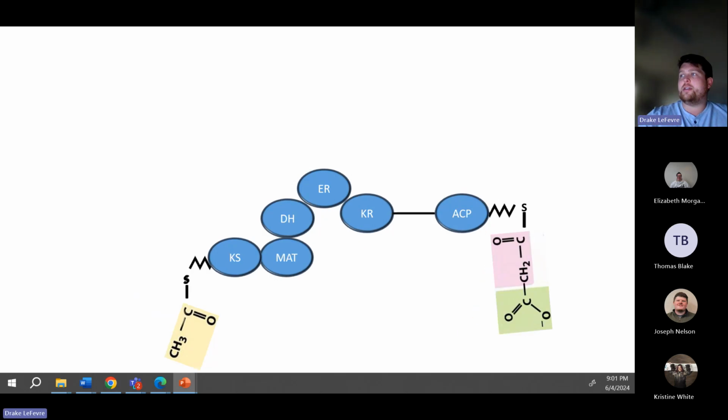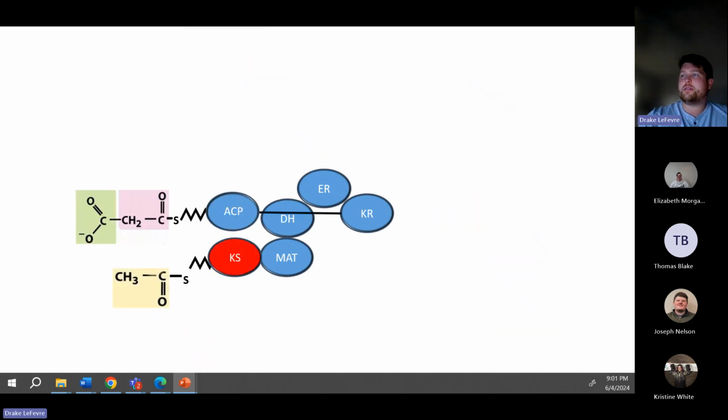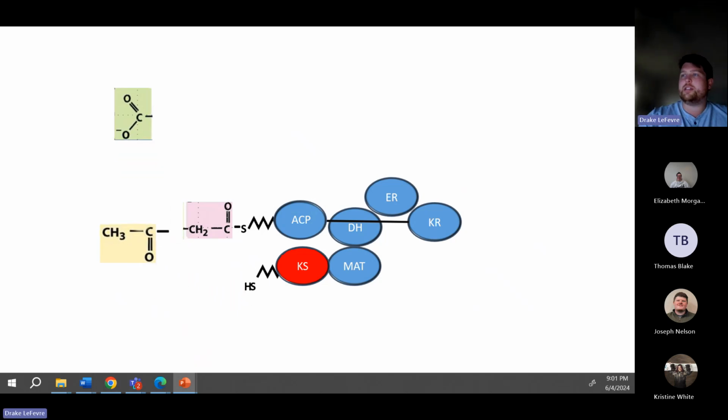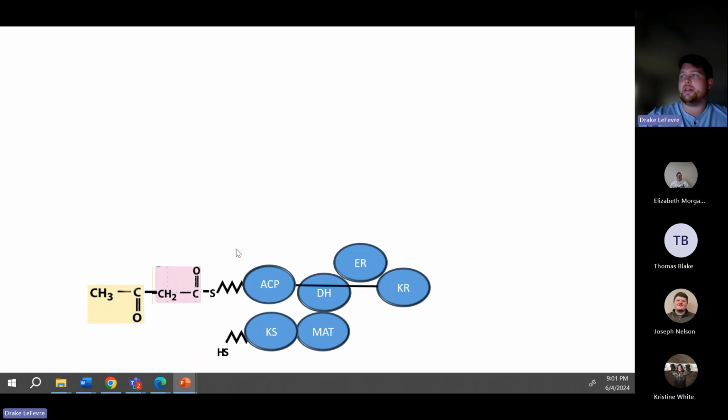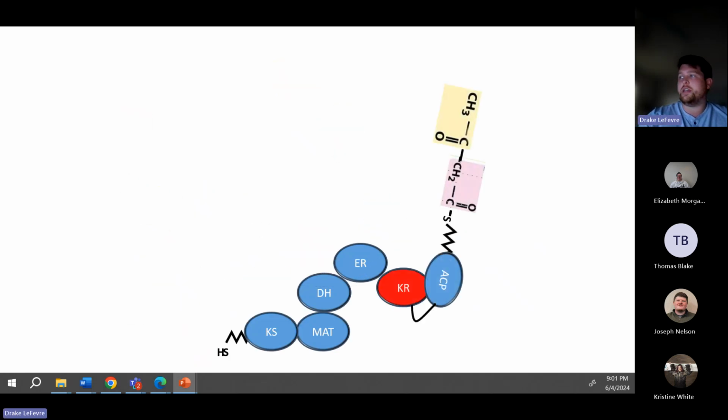They rearrange, and it comes across. It all changes. So now we have the carbons connecting, and then it unfolds again. So kind of the first reduction.